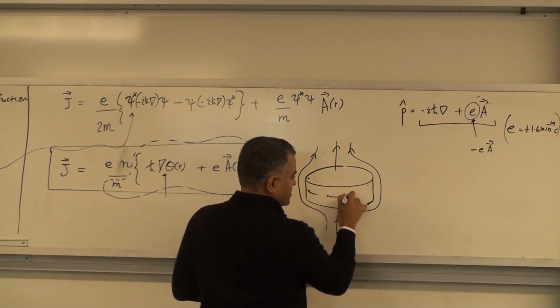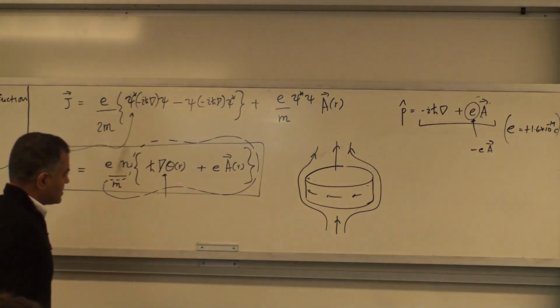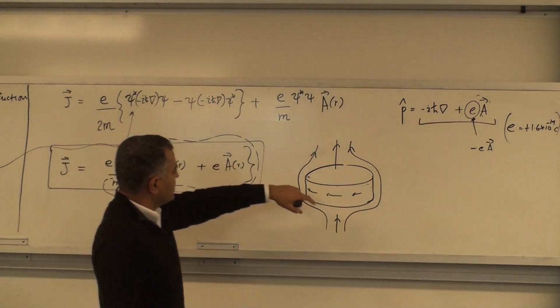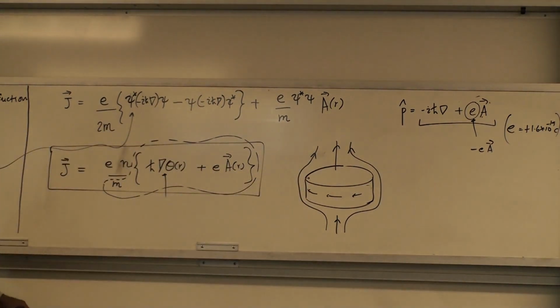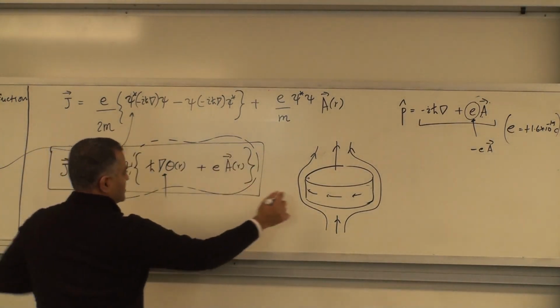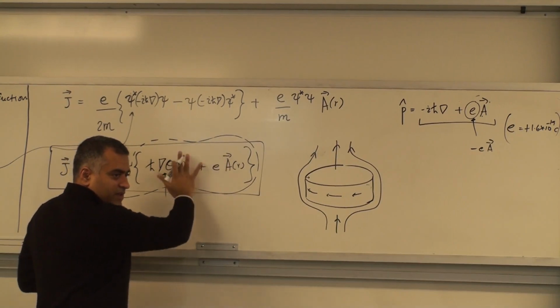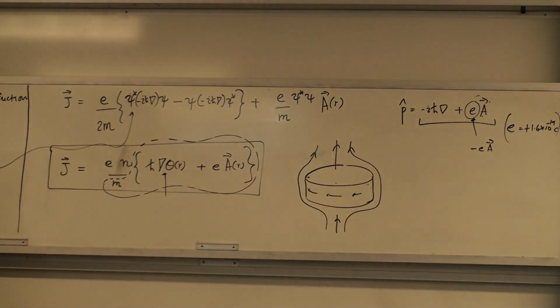Does that make sense? So there's a circulating current outside, and inside it's exactly cancelled. So the vector potential deep inside the superconductor goes to 0. And deep inside the material, there are no currents flowing either. So this whole thing is 0. Right? The current deep inside the body of the superconductor is 0.